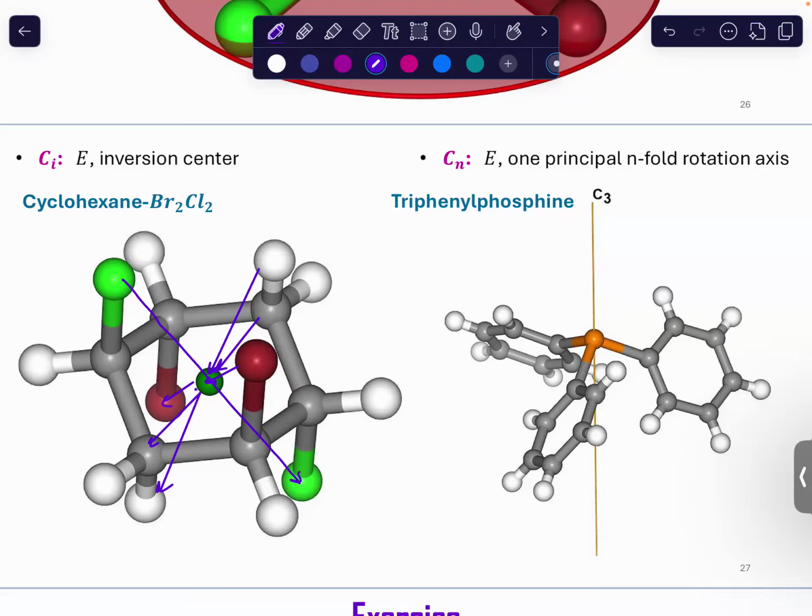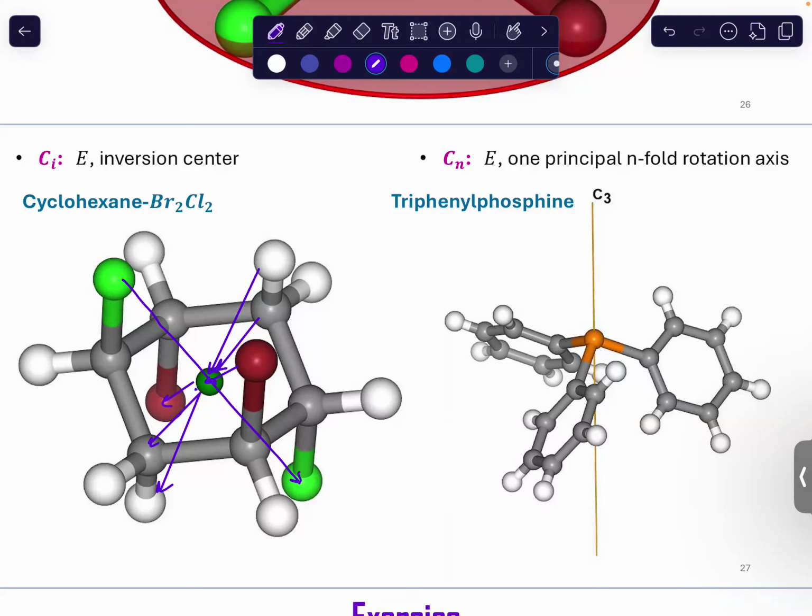All right, let's start talking about our Cn groups. Those are represented by E, identity, so they're all going to have E, because you can always say a molecule is a molecule. One principal n-fold rotation axis. That's the primary way to look at these.